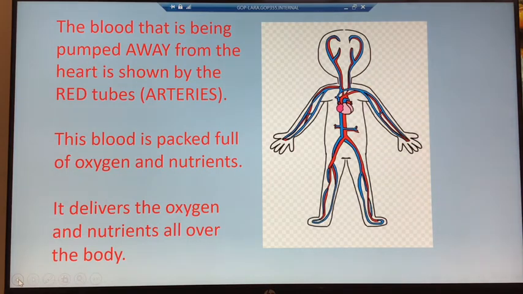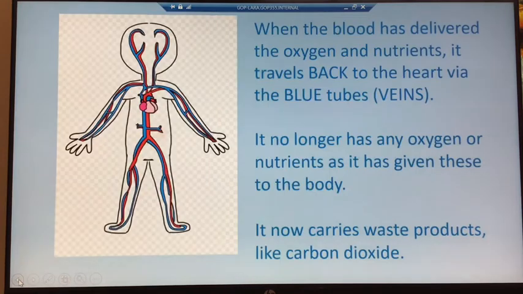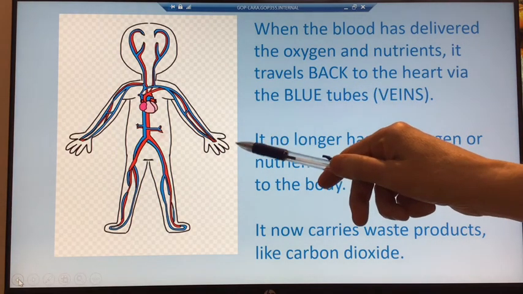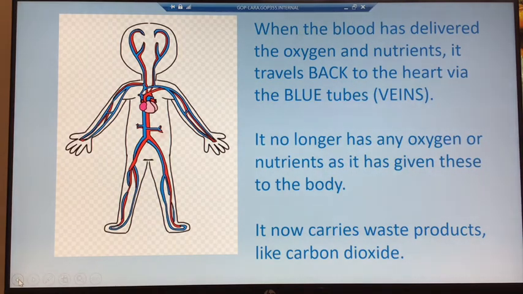Okay, so what are the blue tubes then? Well, when the blood has delivered the oxygen and nutrients, it travels back to the heart via the blue tubes, which are the veins. It doesn't have any oxygen or nutrients in it anymore because it's been given to the body. So this is like your waiter walking back from the tables with an empty tray.